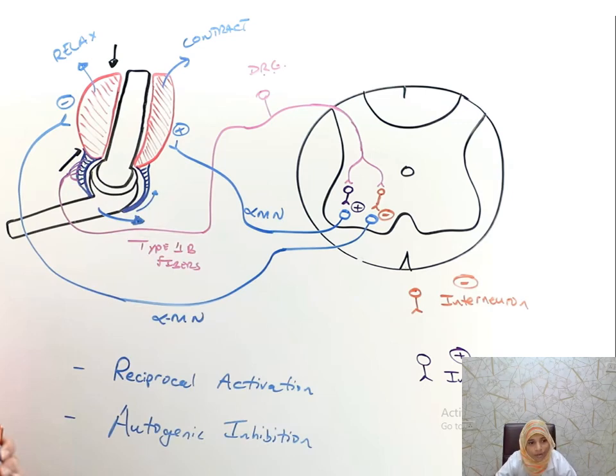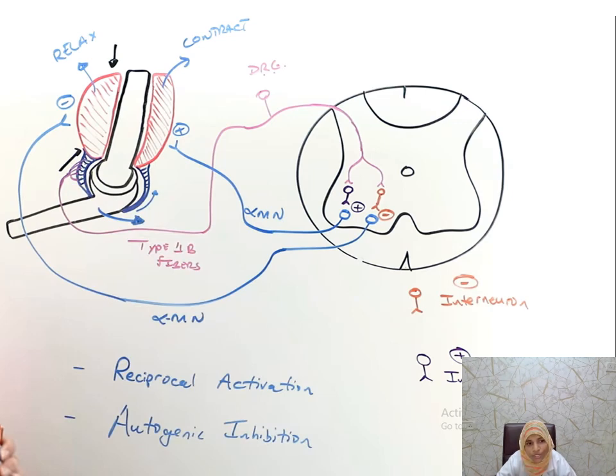So, whenever you hit the muscle with the knee hammer, the increase in tension is detected by our GTO. This information is sensed by type 1B fibers, because the afferent from the GTO is the type 1B fibers. The afferent will go via the dorsal horn and it bifurcates and synapses on two interneurons.